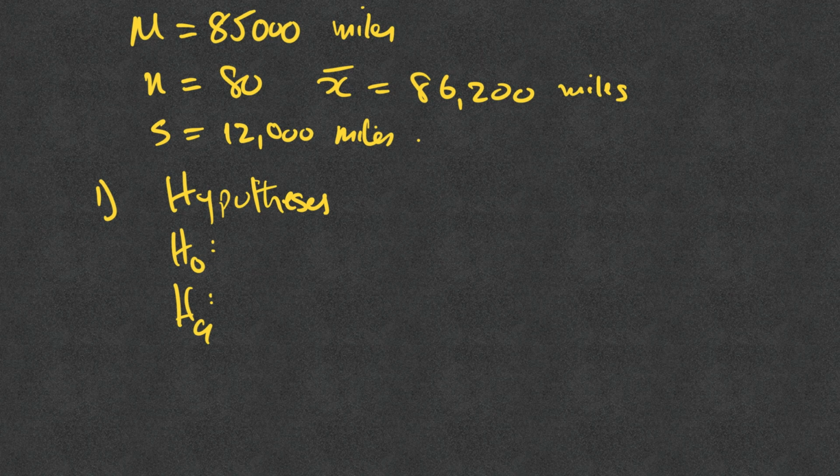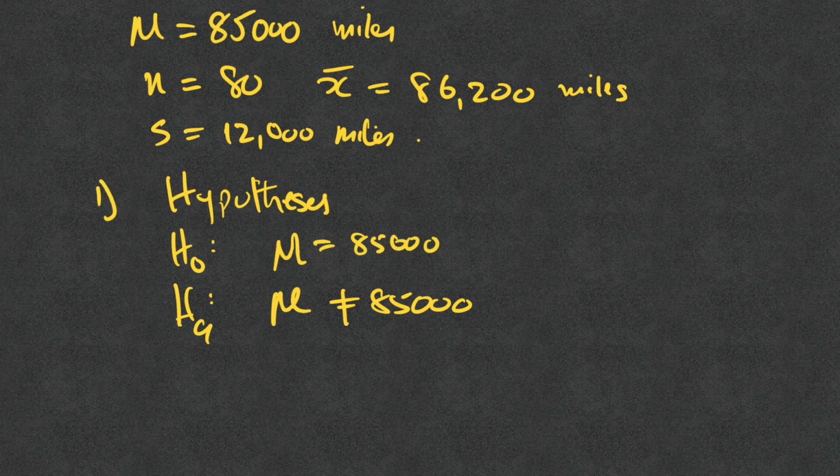The sample evidence seems to be moving slightly in our favor, but we don't know if it's enough evidence, right? So I like to start with HA, which is that the mean is not 85,000, which means we will assume that it is 85,000. So H0 is what you assume is true. H0, the mean is 85,000. So that's step one. I really should put it in words for you as well.